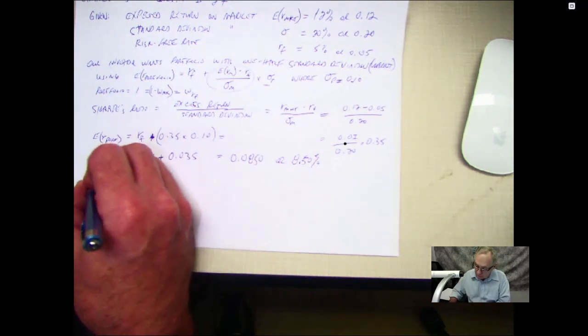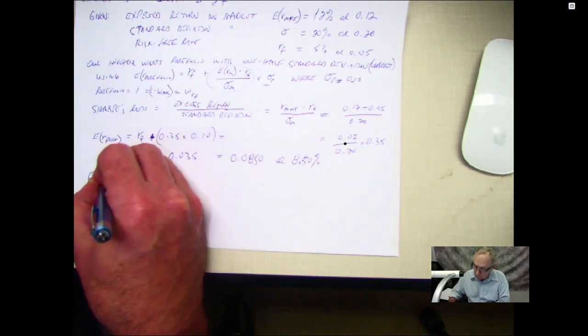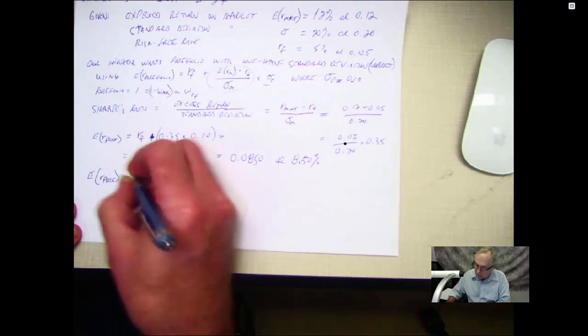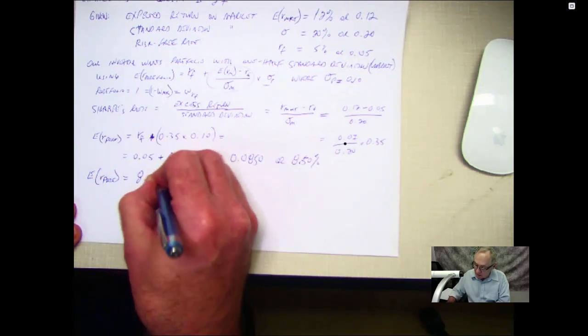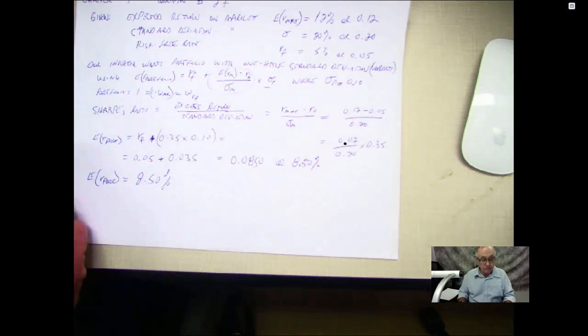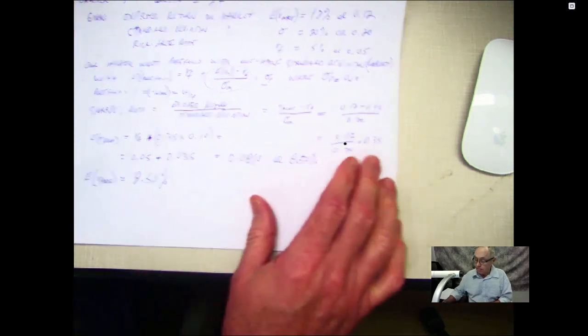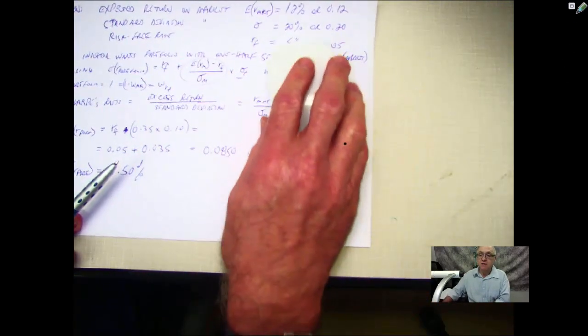So our expected return in our custom-made portfolio is 8.50%. And that uses our Sharpe's ratio, takes us to our capital market line using an intercept and the treasury bills. So that completes question number 27.